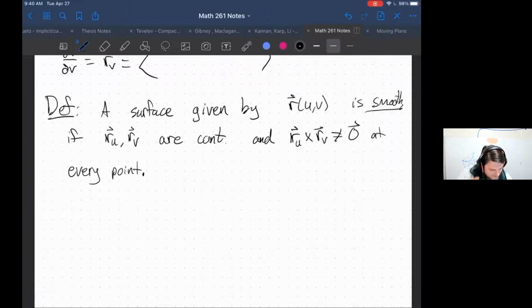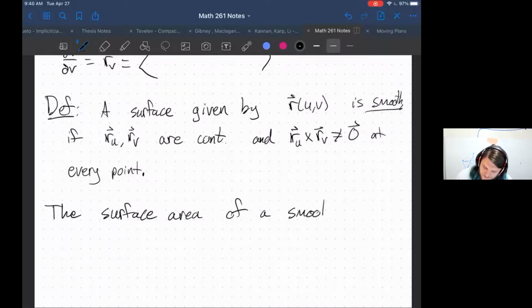So if we have a smooth surface, I'll just write it out like this. The surface area of a smooth surface is the following.